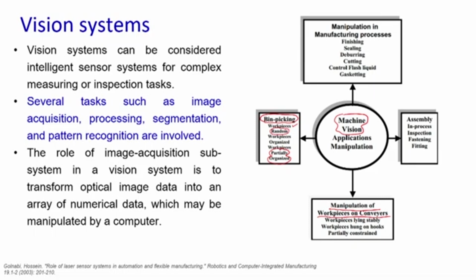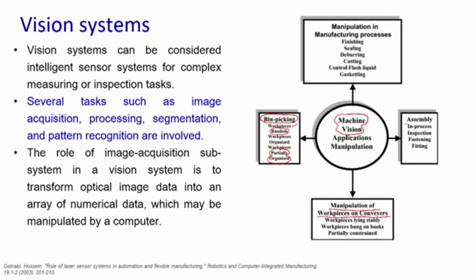So all these three cases may be there. Either the workpieces are simply kept on the conveyor, stable and moving in a uniform way, or they are hung on hooks and we do operations on them, or some are partially constrained on the conveyors. In all the cases we need a machine vision system which will help us to solve the problems.